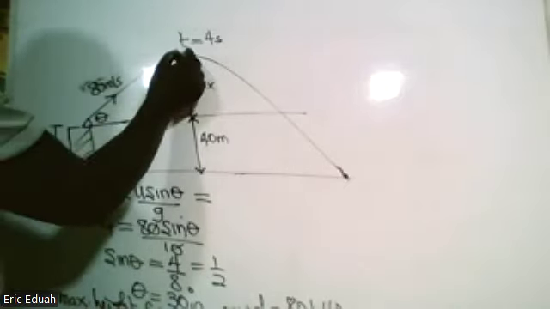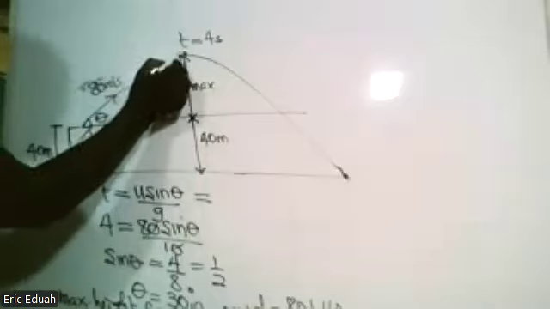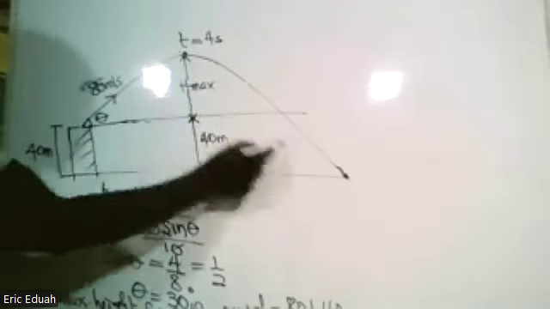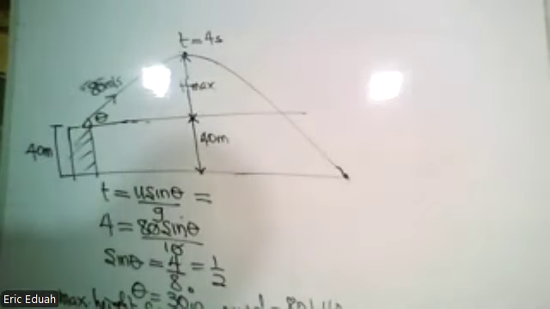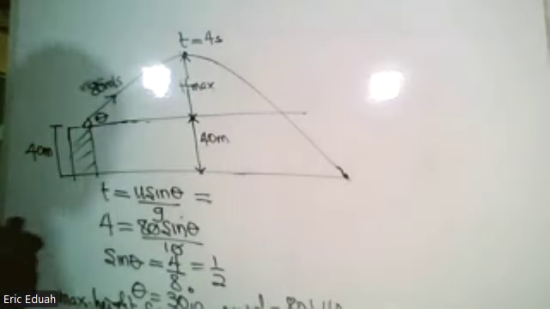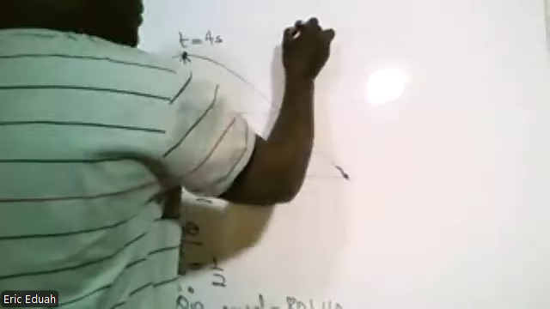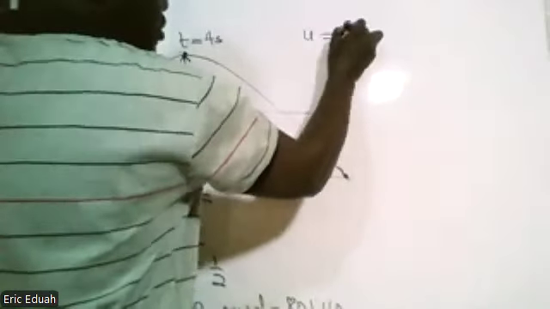You see, when it is dropping from the maximum height to the ground, the body is free falling. And if it is free falling, then the initial velocity u is equal to 0.